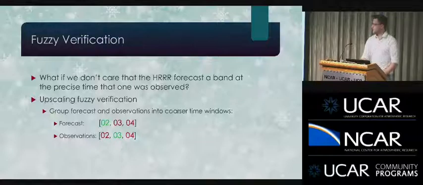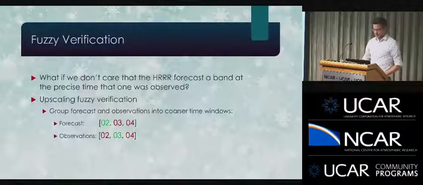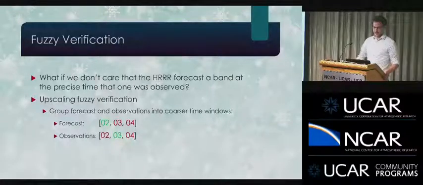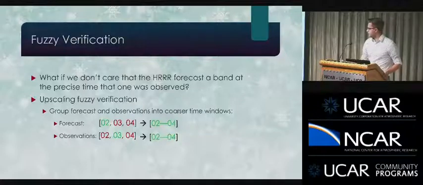To help answer this question, I did some fuzzy verification, basically asking: what if we don't care that the HER forecasted band is at the precise time that one is observed, but instead just care that it gets close in time? So I did a sort of upscaling. I grouped forecasts and observations into coarser time windows. For example, if we have a band anywhere in the forecast from 2Z to 4Z, that makes a positive identification for that window, and we do the same for the observations.